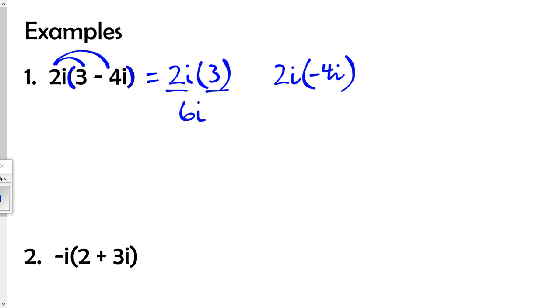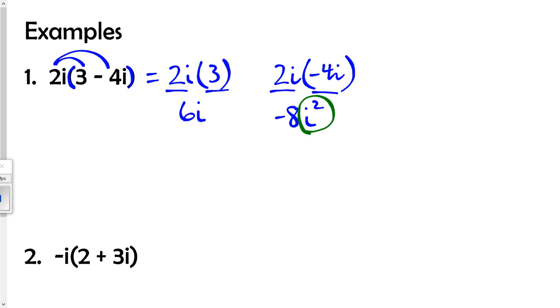Over on the other side, 2 is a real number, -4 is a real number. That generates a -8. But then I have i and i. Those are imaginaries. Anytime you multiply the same thing by itself, you get an exponent, so that's really the same thing as i squared.